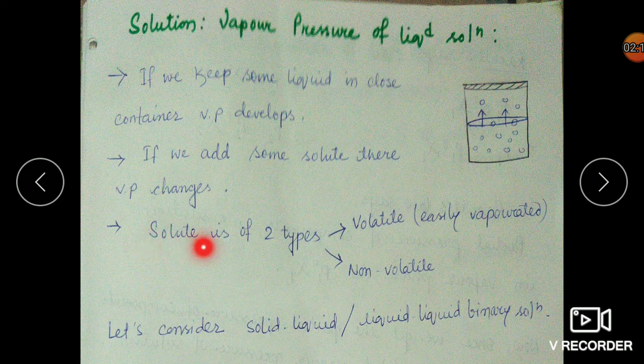Gas and liquid interaction we have studied in Henry's law, so we are not going to repeat that here. So in terms of solute we are going to focus basically on the solid solute and liquid solute, and moreover the emphasis will be on the liquid solute. So we'll be considering the solid-liquid solution and liquid-liquid binary solution.